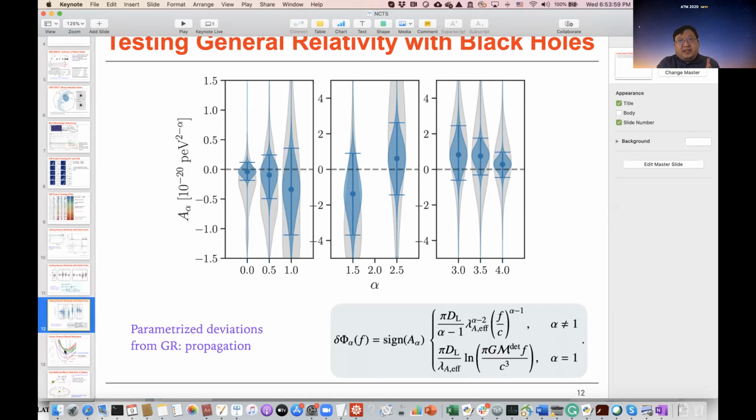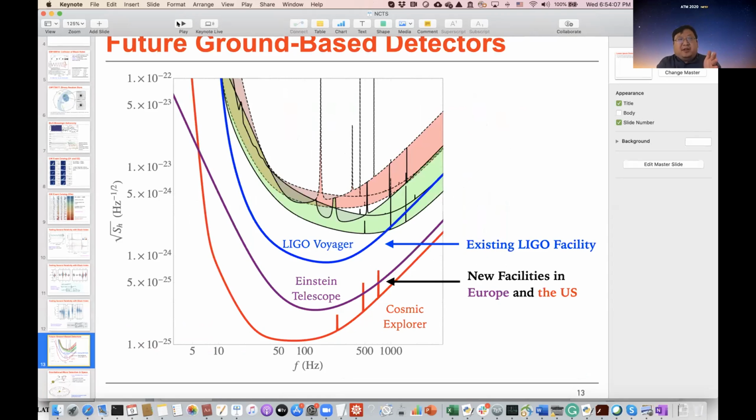We will continue into the future with gradually increased sensitivity, but we will also upgrade our facilities, upgrade our instruments within the LIGO facility, and also in Europe and in the US, we're proposing to have more sensitive ground-based detectors.